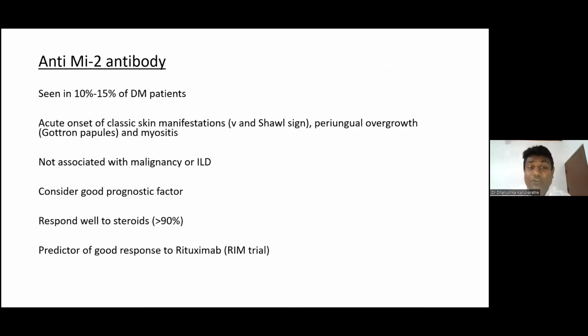Hence, it carries a good prognosis. And usually, according to the RIM trial, it's a predictor of good response to rituximab. So if you see a patient with dermatomyositis and anti-Mi-2 antibody positivity, you don't have to worry too much about screening them for malignancy or interstitial lung disease, and rituximab could be an early option.